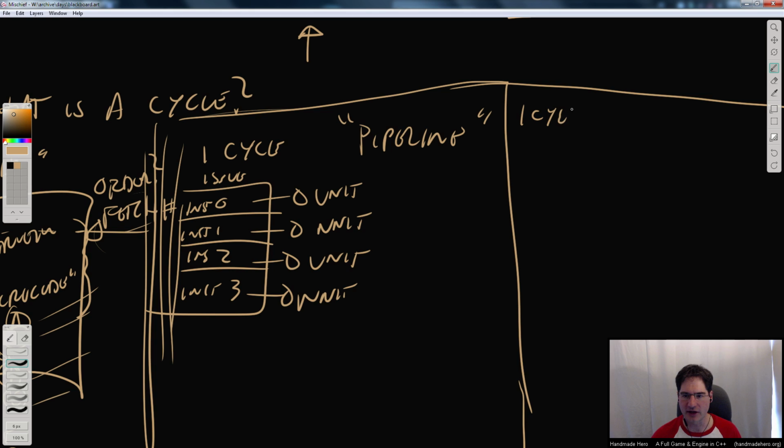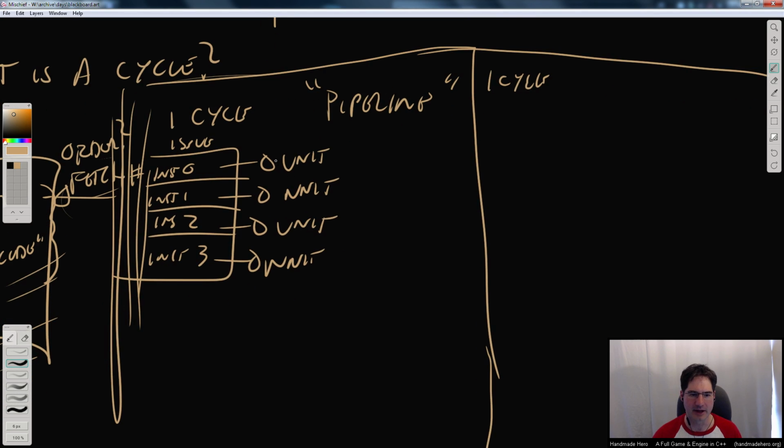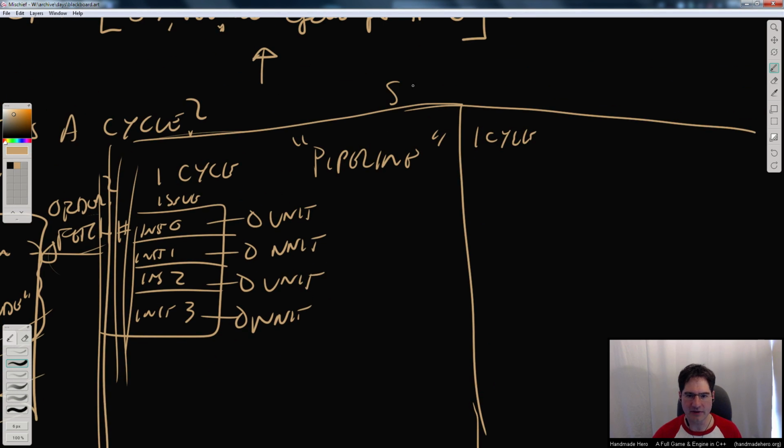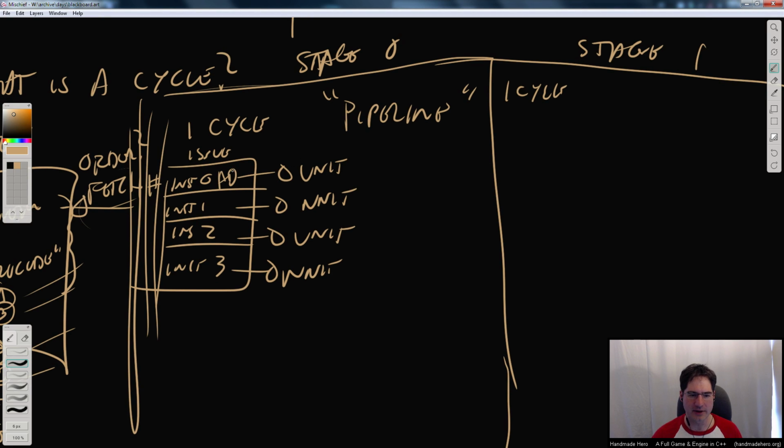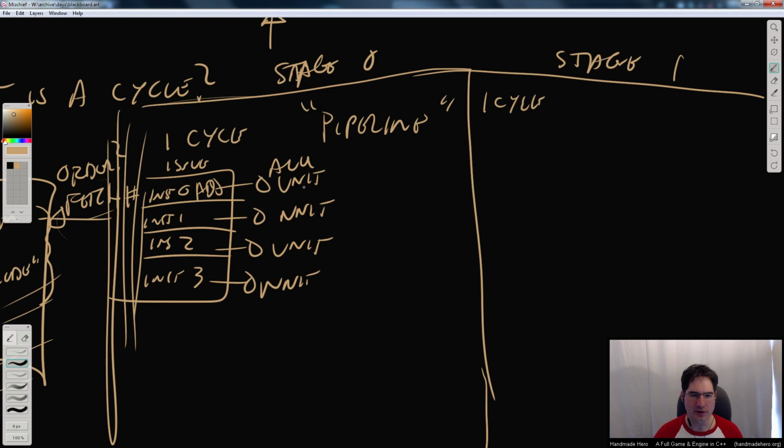And so here's another cycle that's happening, and here's that pipeline, okay? And these are the stages. So this is stage 0, this is stage 1, etc. So let's say this is an add. This is going into what's called an arithmetic logic unit, an ALU, which does things like adds, ands, ors, masks, bit operations, basically, right? It's going to go into a unit that's free, and it's going to do stage 1 of the add.